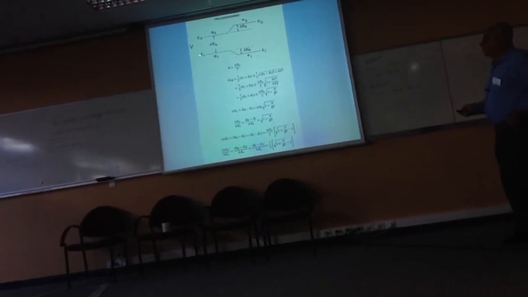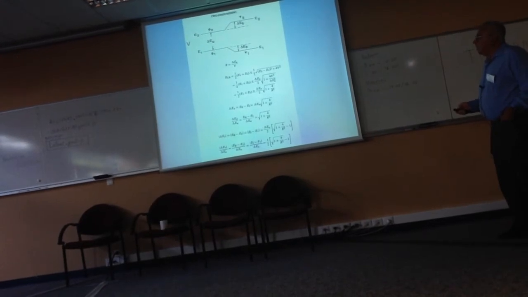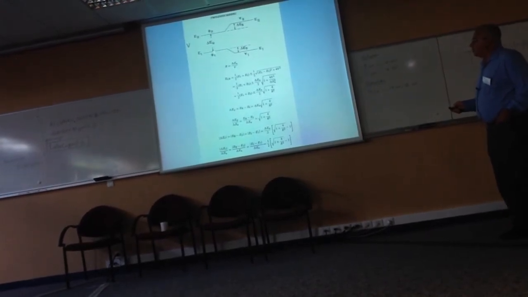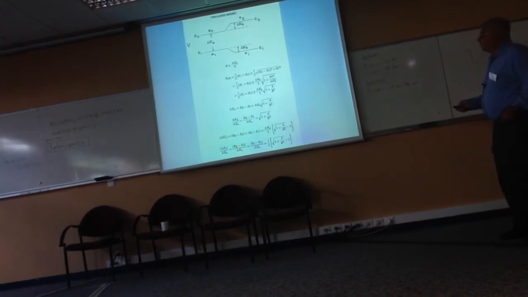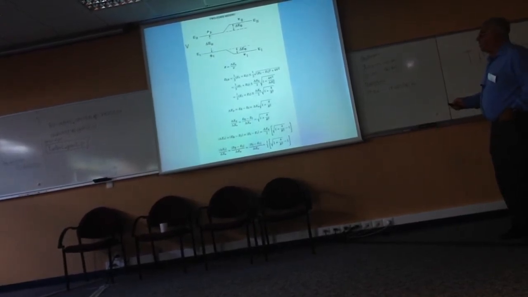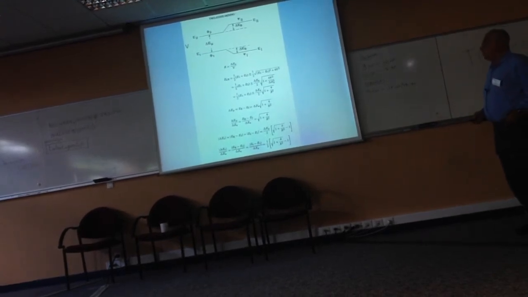I have two levels called E1 and E2 with Arabic subscripts, and they have an unperturbed energy spacing delta E unperturbed. They have unperturbed wave functions phi 1 and phi 2. Okay, now I assume that they interact with some interaction V. Okay, and what happens?